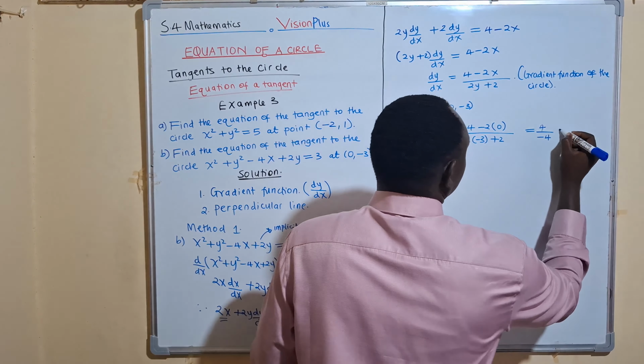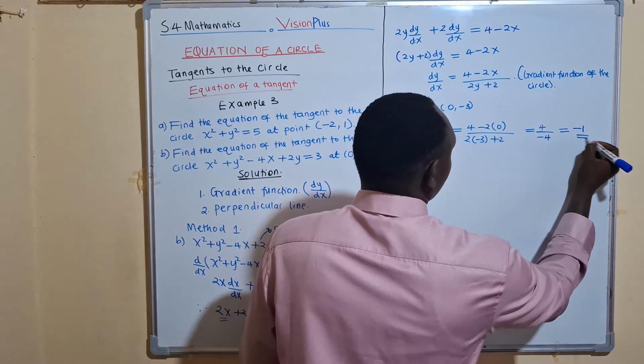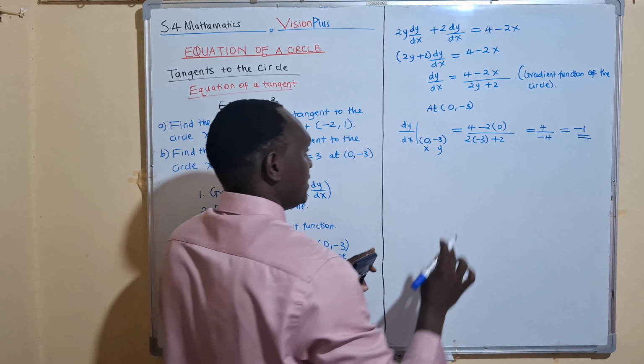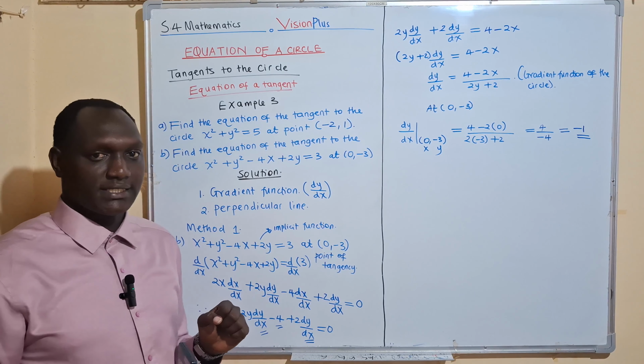So when we divide this, we shall have negative 1. So negative 1 is the gradient of the circle at the point of tangency.